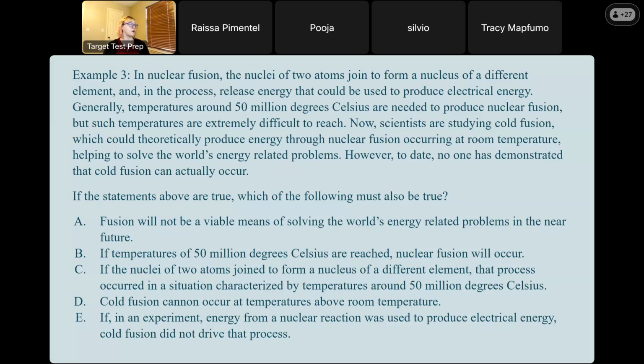And we know that from the first sentence, nuclear fusion releases energy that could be used to produce electrical energy. And that could theoretically solve the world's energy-related problems, but no one has ever demonstrated that cold fusion can actually occur. So I think that one's not too much of a stretch, because in the context of the problem, those steps are accounted for, I would say.